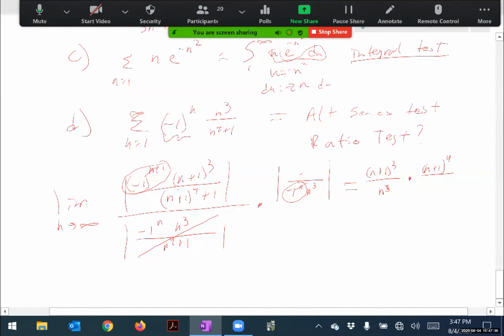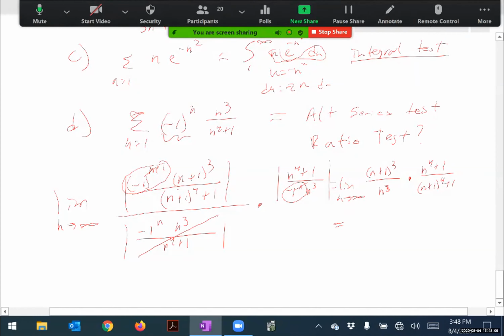I wrote this wrong. This should be n to the fourth plus 1. And this is going to be n to the fourth plus 1 over n plus 1 to the fourth plus 1. And we want to take the limit of this thing as n goes to infinity. Okay, let's do that.